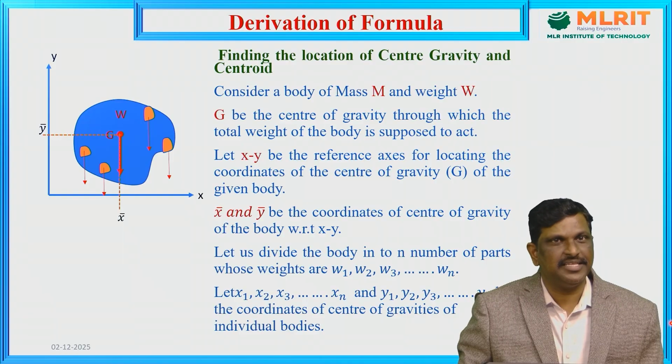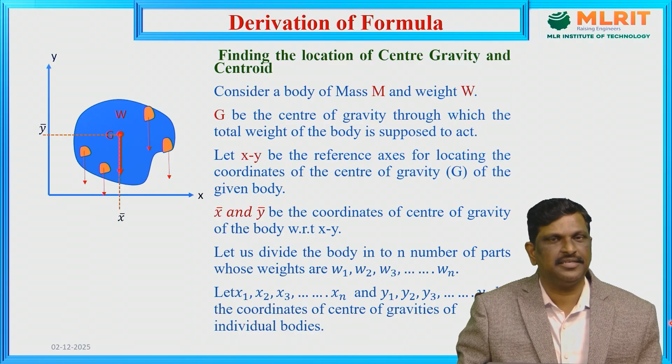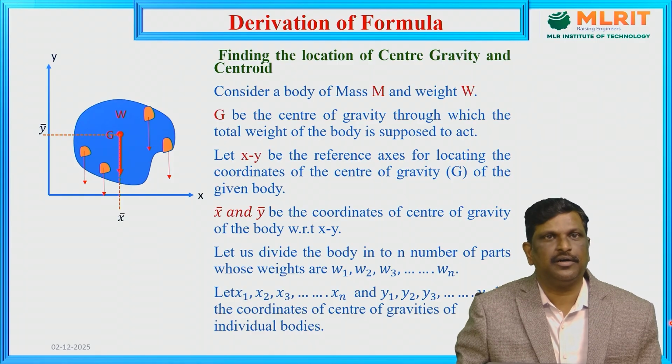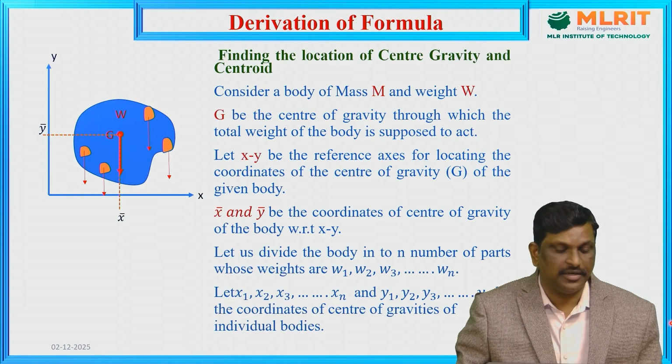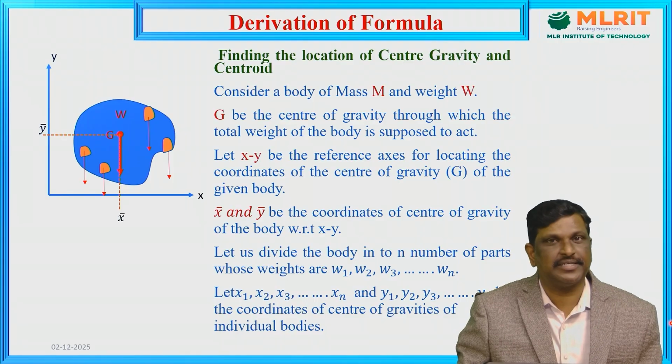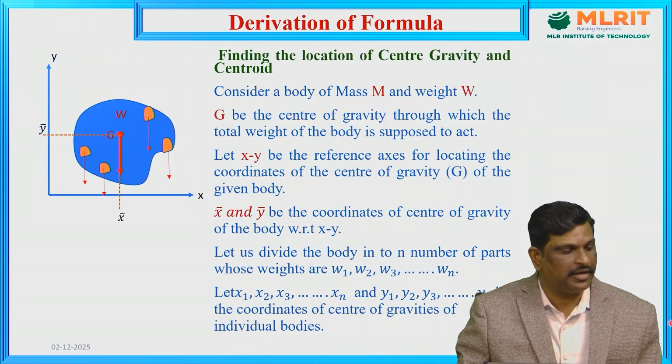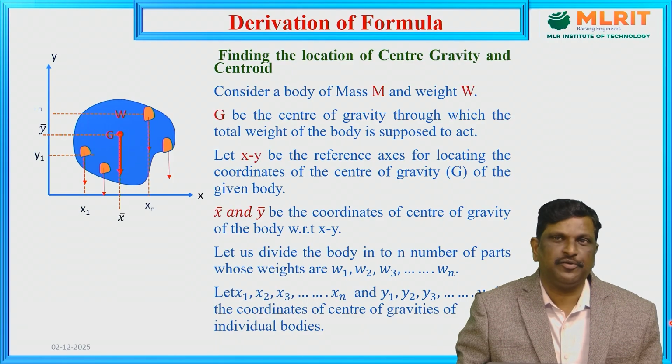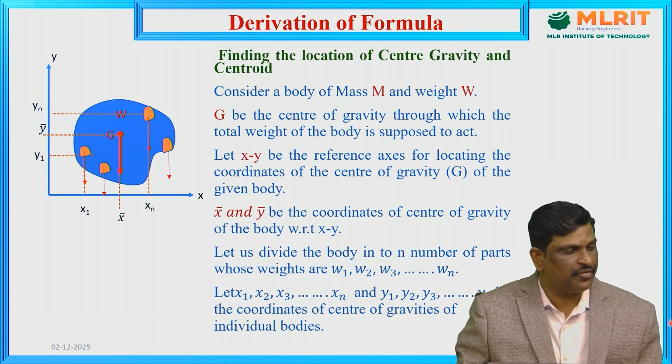Now each and every part has its own center of gravity. The divided parts have their own centers of gravity, and the coordinates of the centers of gravity of individual parts are x1, x2, x3 and so on, xn, and y1, y2, y3 and so on, yn.